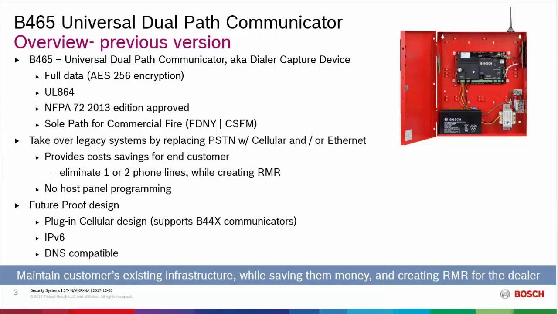What Bosch has done is make that a modular design. So we have our 440 series, 44X series, of cellular modules that can be plugged directly into the 465, making it future-proof. And as we come out with new cellular communicators, it's a simple firmware upgrade of the 465 and then just plug in the communicator. The 465 also supports IPv6, and it is DNS compatible.